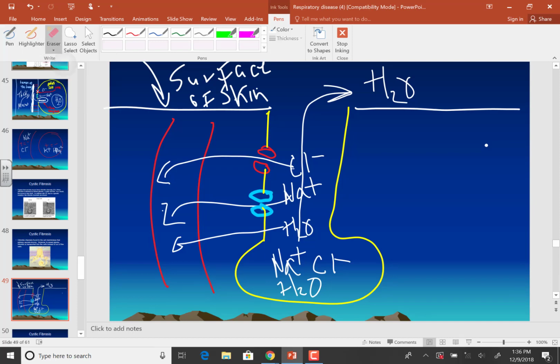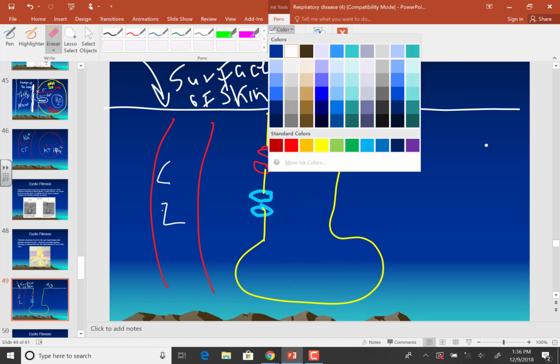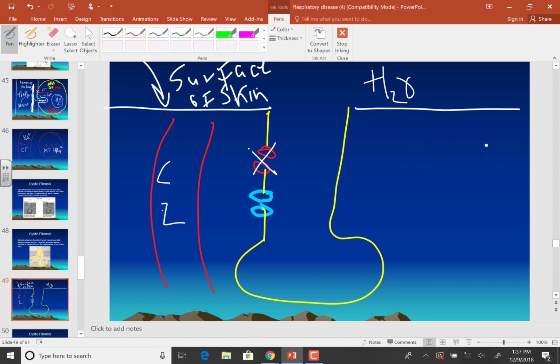Now, in people who have cystic fibrosis, again, they have these impaired chloride channels. So when they administer the pilocarpine, they're going to begin to sweat. The sodium and chloride and water is going to leave the sweat gland and go through the sweat duct.